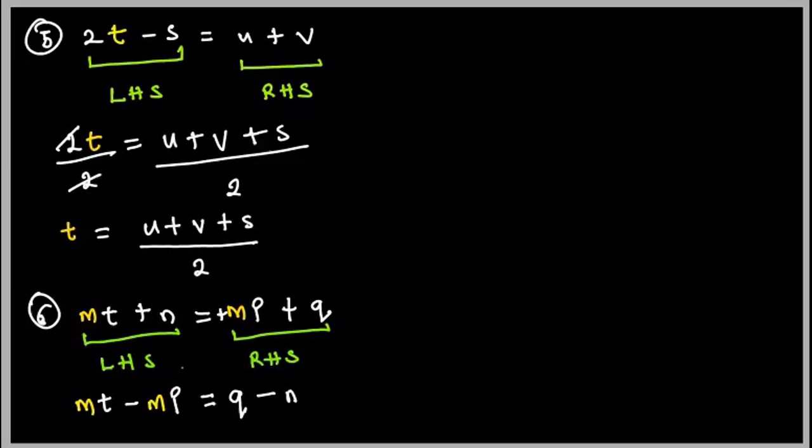They have m in common. Although most times, if you don't know why they have m in common, you can solve by HCF. What do I mean? Let's find the HCF of mt and mp.